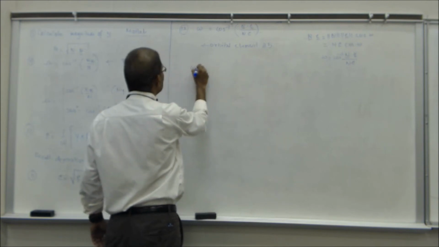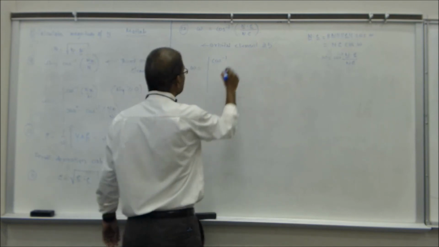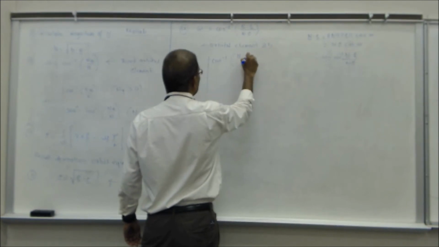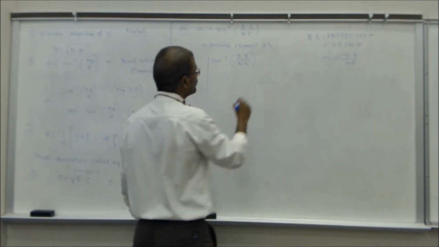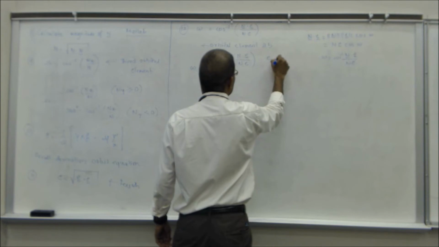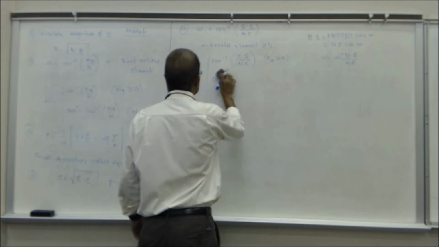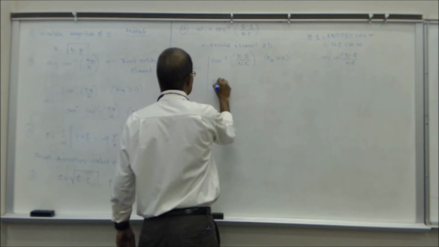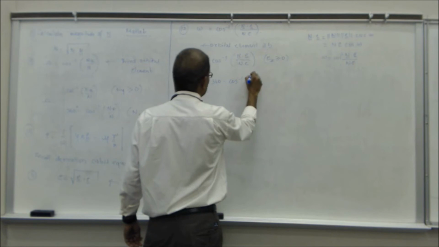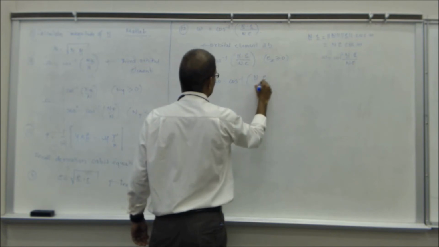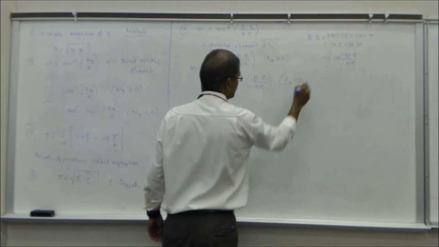Omega is equal to cosine inverse of N dotted with E over NE, if E_Z is greater than or equal to 0, and 360 minus cosine inverse of N dotted with E over NE, if E_Z is less than 0.